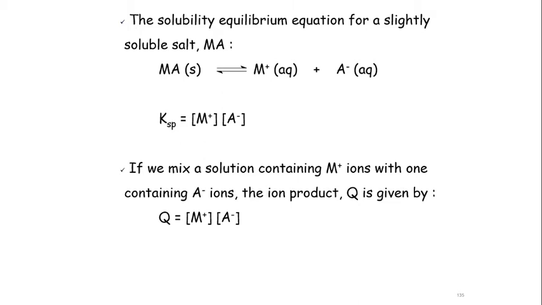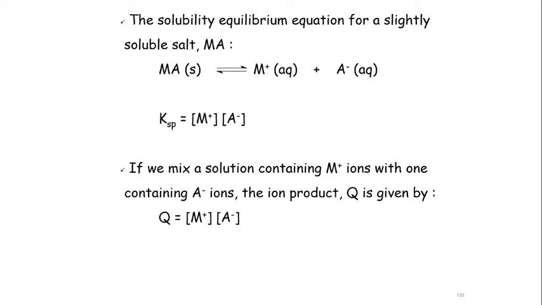The solubility equilibrium equation for a slightly soluble salt, MA, is as follows. If we have MA, it will produce M+ and A-. Note that the arrows used are reversible arrows to represent a slightly soluble salt.